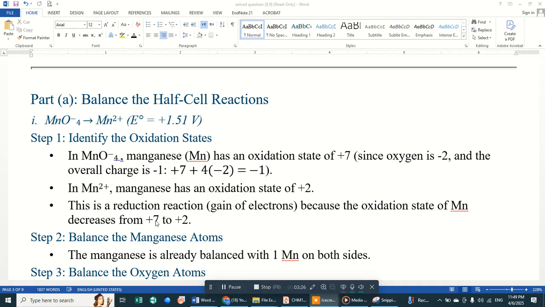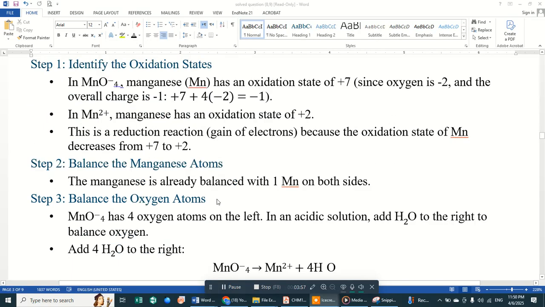It changes by gaining electrons, by gaining 5 electrons. If we want to change from the +7 oxidation state to the +2 oxidation state, you must provide 5 electrons.